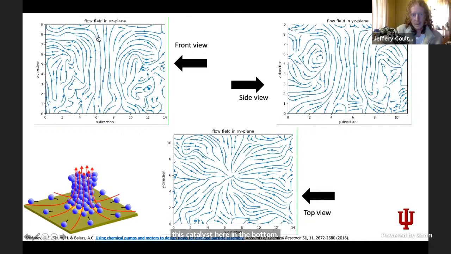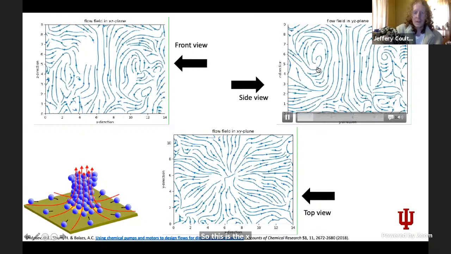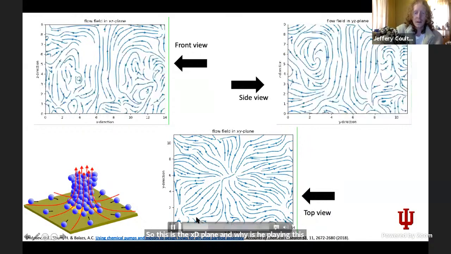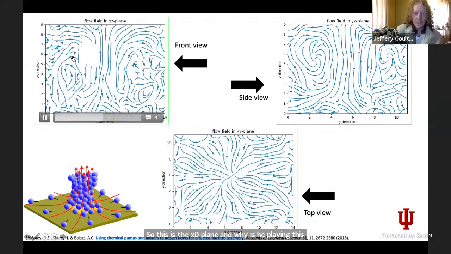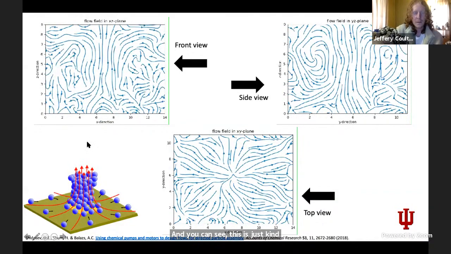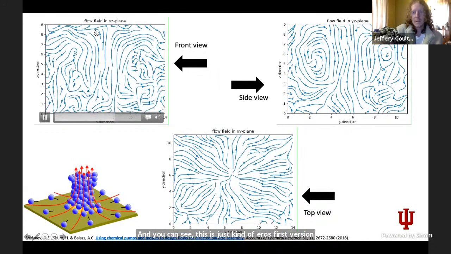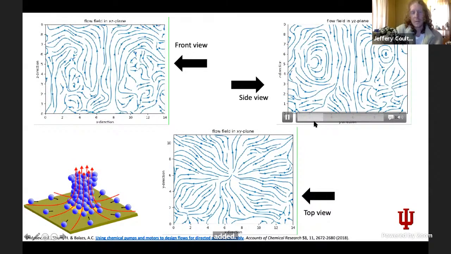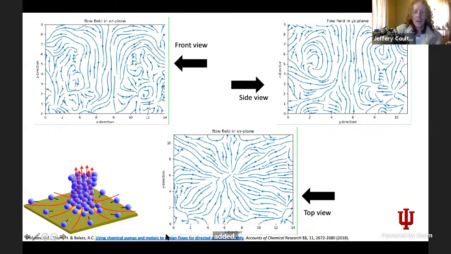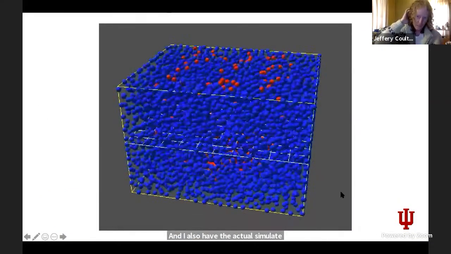So this is the XZ plane and YZ plane, the side, and then here's the top. You can see this is just a rough first version, but the convection cells are more or less forming.